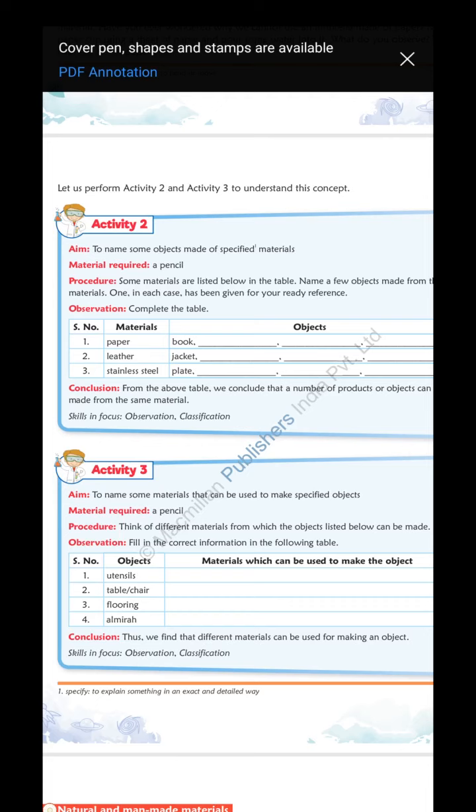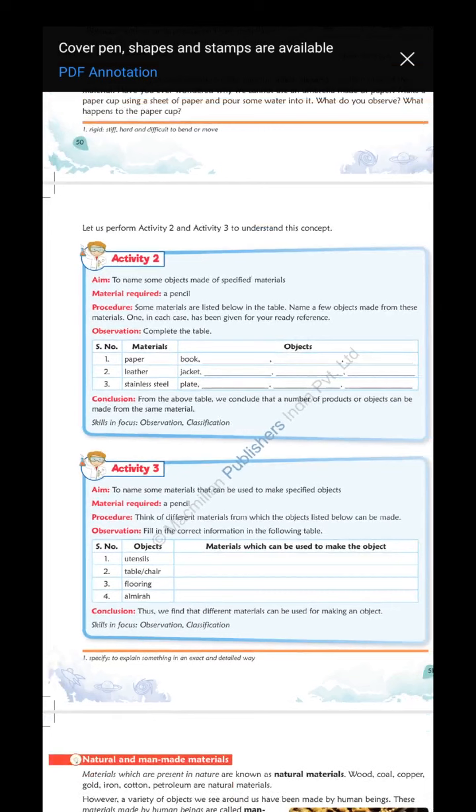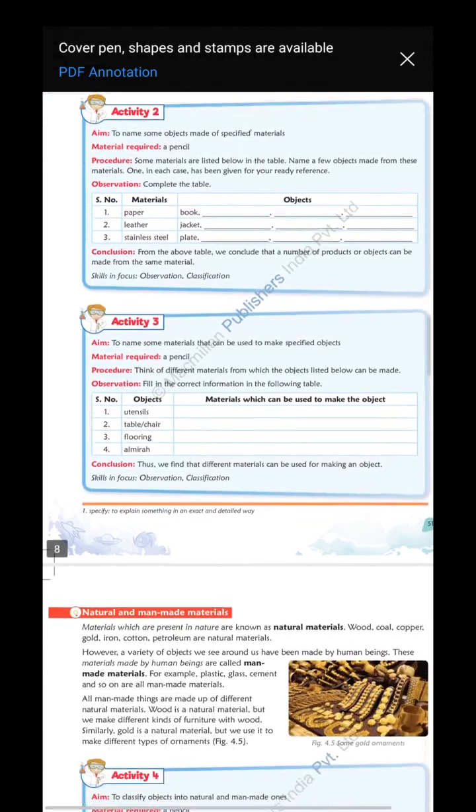Stainless steel is very shiny. Most probably plates, glasses, utensils, vessels. Okay? So in that manner we can use all the things made of stainless steel. Most probably in the kitchen only we use stainless steel. So in that manner we can understand.